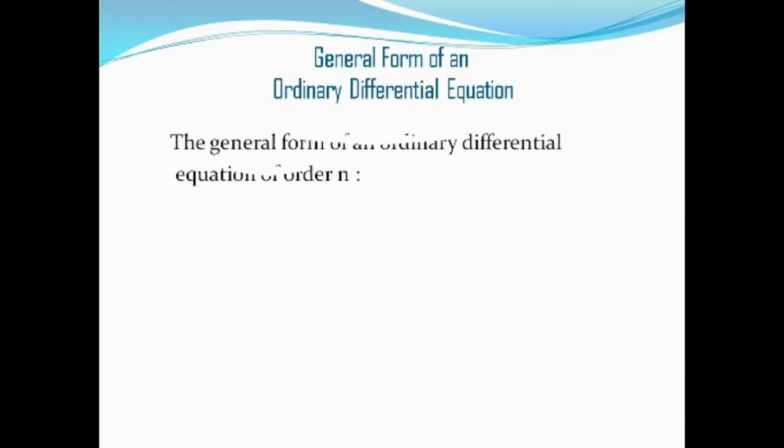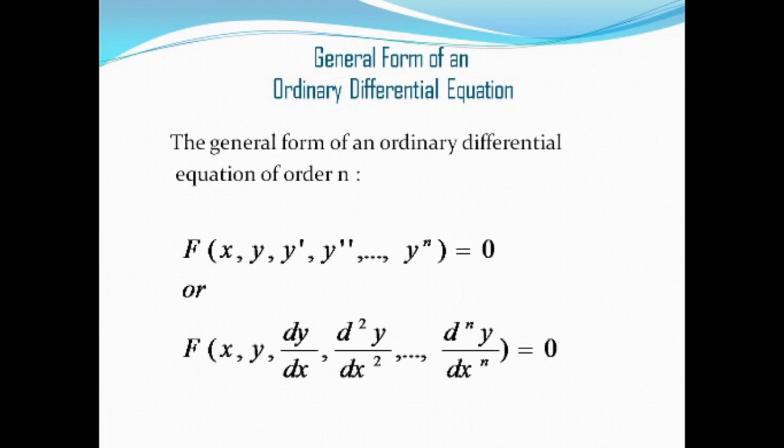So now we are able to give the general form of an ordinary differential equation. We'll give the general form of a differential equation of order n. Okay, so suppose x is our independent variable, y is our dependent variable. Because we are giving the general form of an nth order ordinary differential equation, it means the order of the highest order derivative should be n. So y^(n) should be there, and the derivatives having order less than n can also be there.